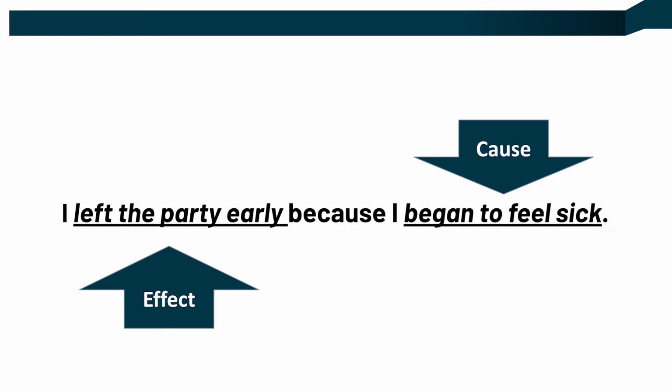The statement, however, mentions the effect before the cause. Because the components of the cause and effect relationship are not always stated in order, it's good to ask why something happened when you want to know the cause and what actually happened to identify the effect.